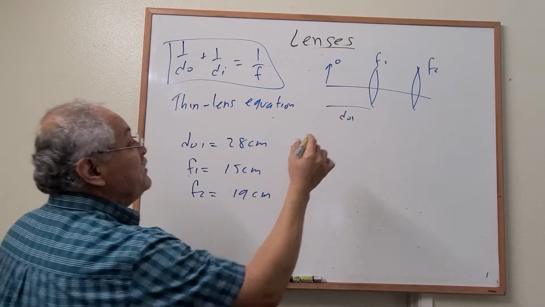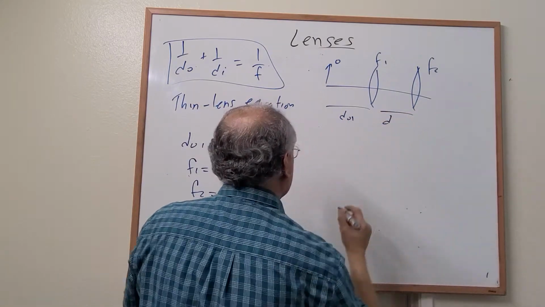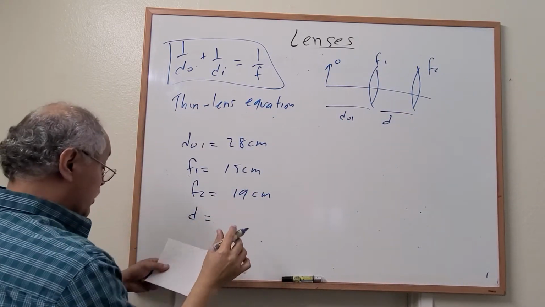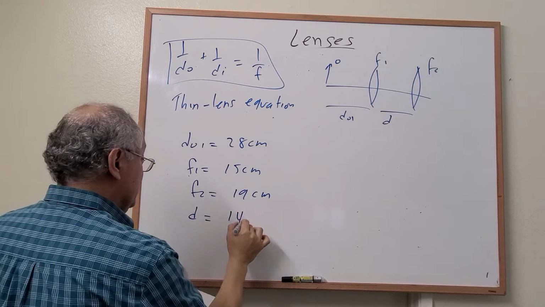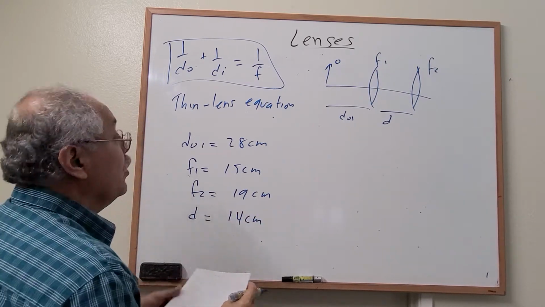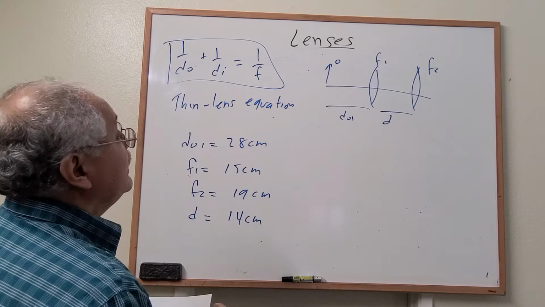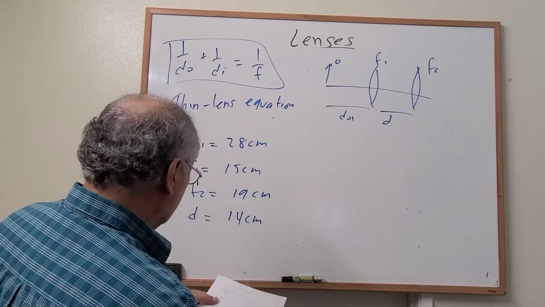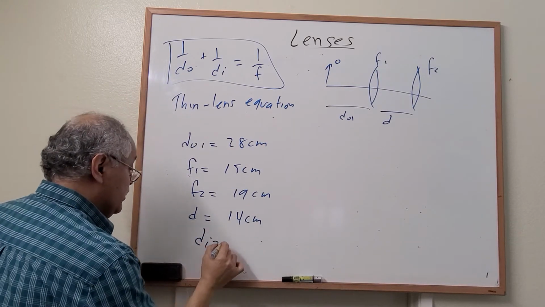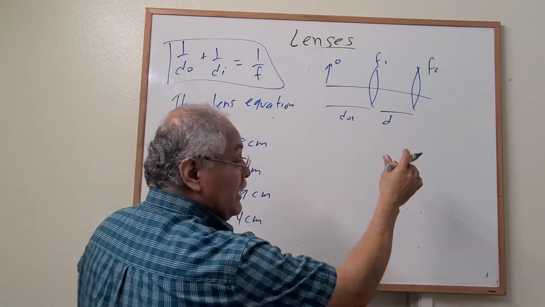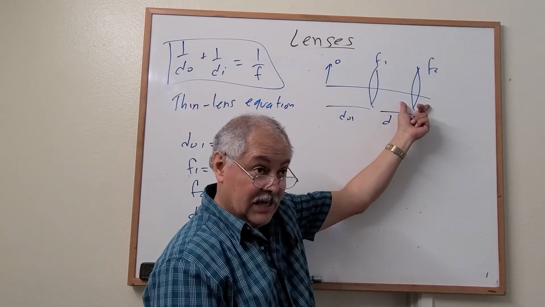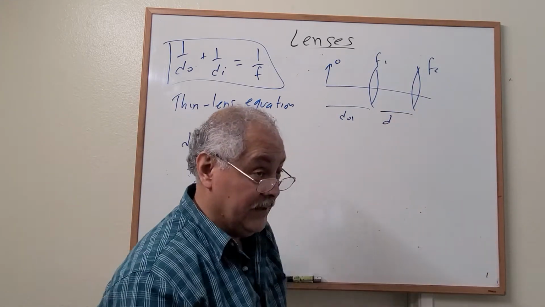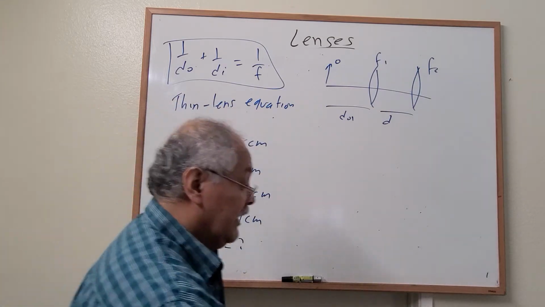The distance between these two lenses, let's call it just D, is equal to 14 centimeters. What else do we need for this problem? That's it. Also, we're looking for DI2, the image formed by the last lens. Okay, let's do it.